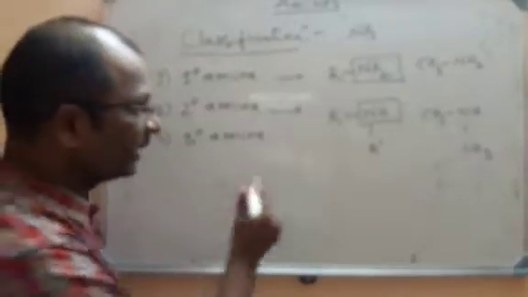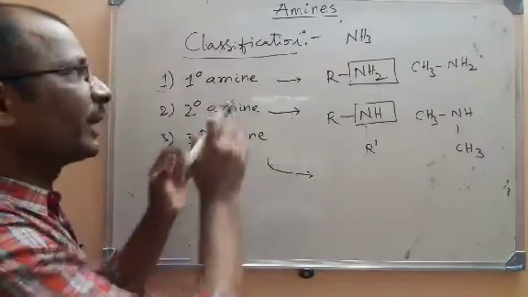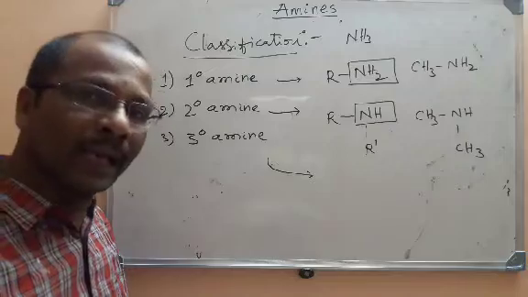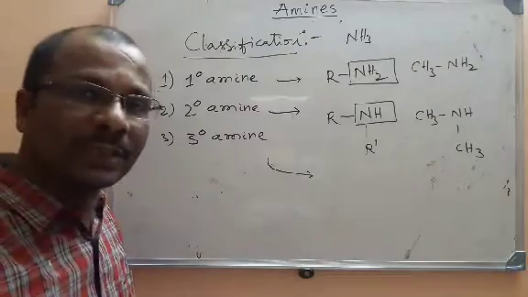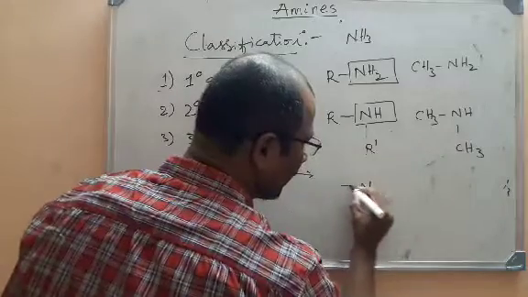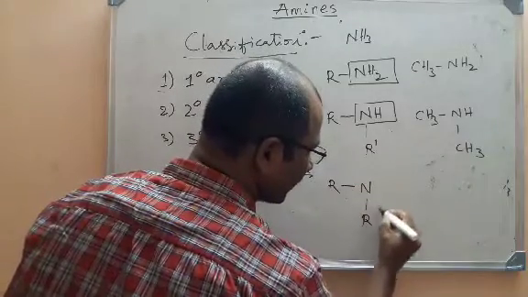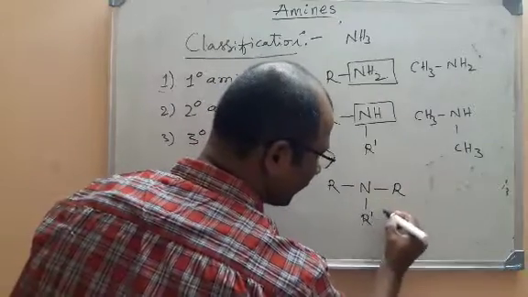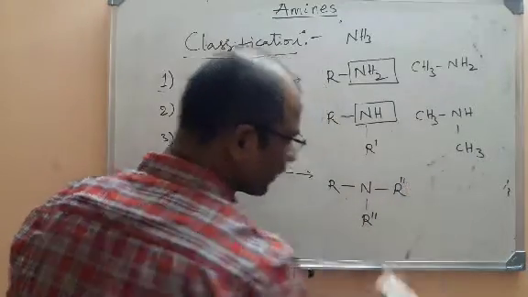Now let us go for the tertiary amine. A tertiary amine is obtained by replacing all three hydrogens on nitrogen of ammonia either with alkyl groups or aryl groups. So for example, when I replace all three hydrogens on nitrogen of ammonia, I will get a molecule like this.